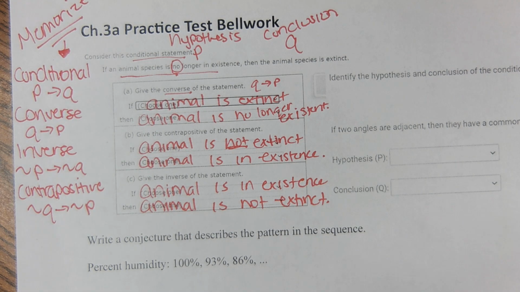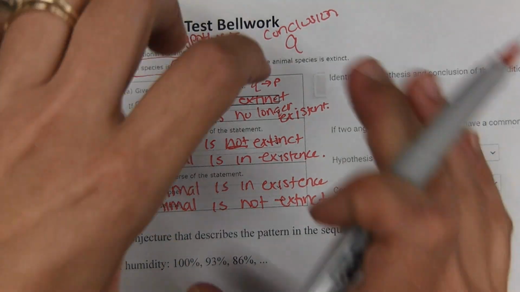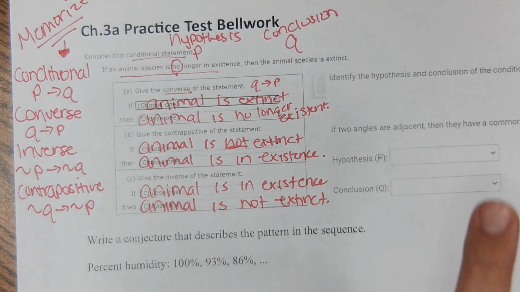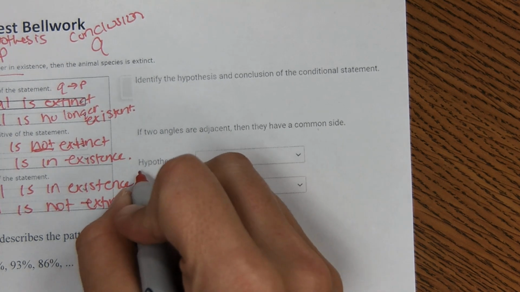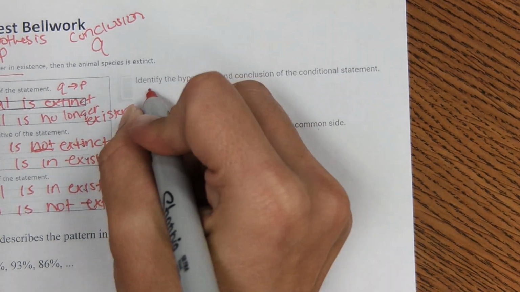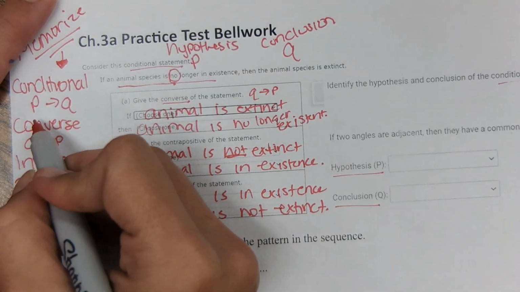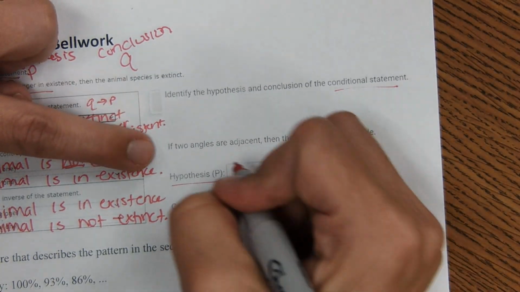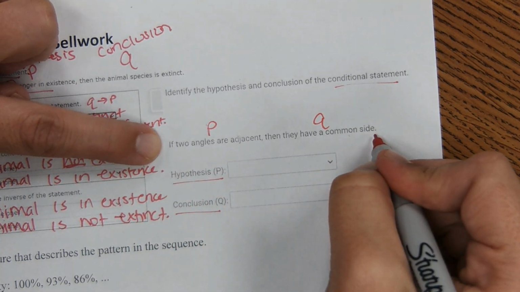Okay. Then from here, that was like the longer question of these. Over here, you'll also have a question like this on your test, and it just asks for the hypothesis and conclusion. Identify the hypothesis and conclusion of a conditional statement. Conditional is P then Q. So in this statement, this is P, this is Q, this is the hypothesis, this is the conclusion.